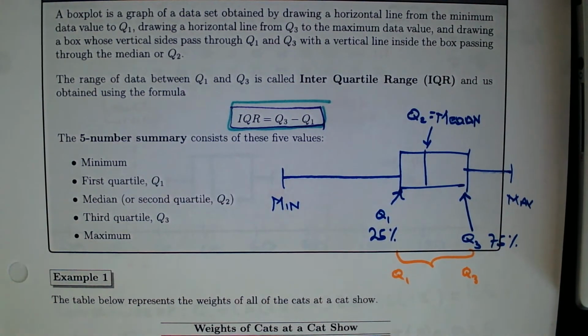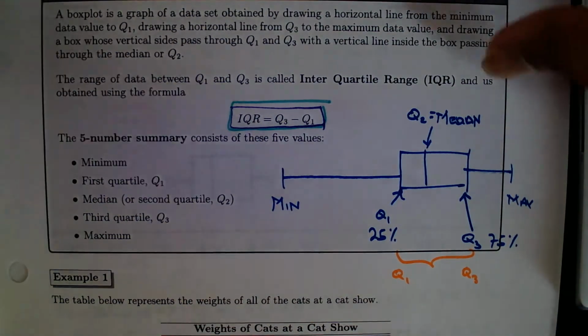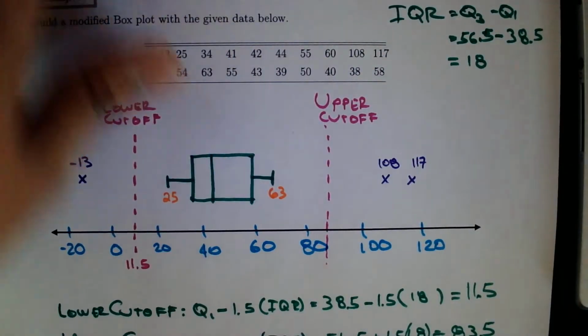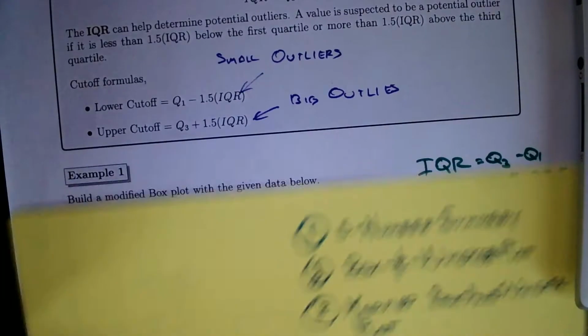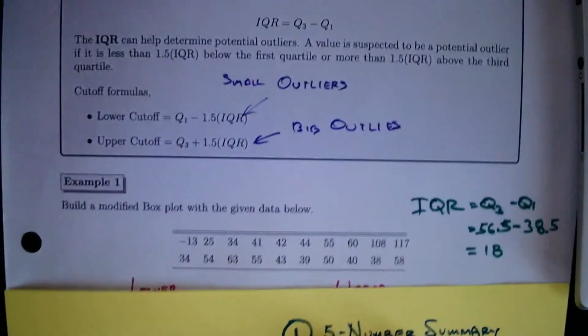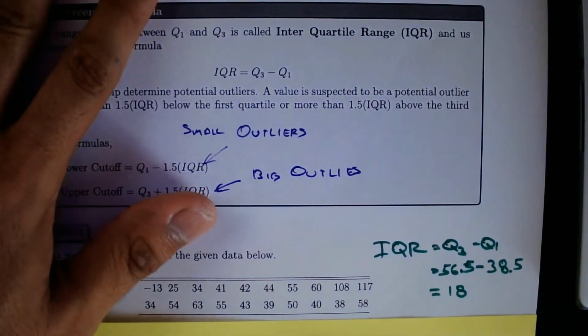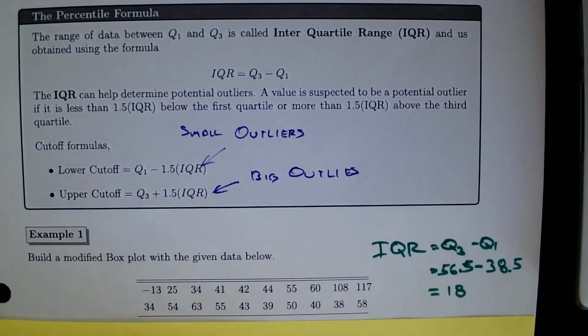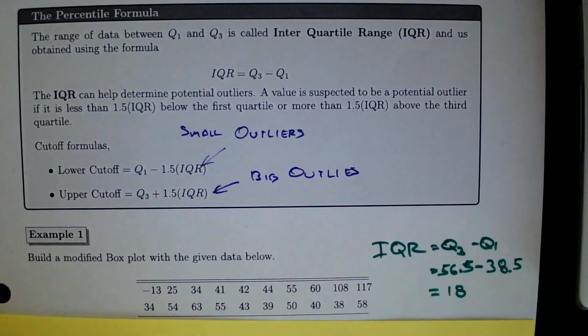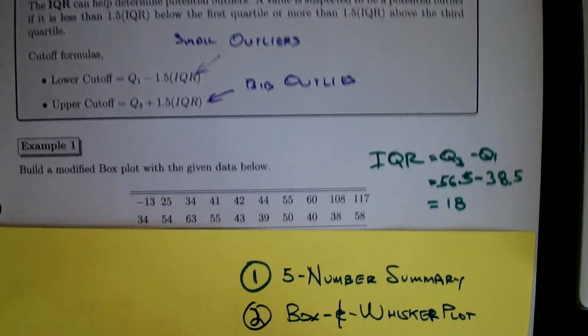Doing this by hand would be kind of tedious, so I'm going to show you how to do this in the graphing calculator. We have the data set right here, which I have already put in the graphing calculator.